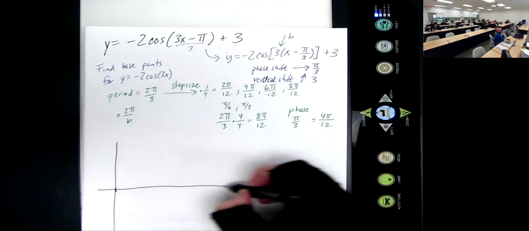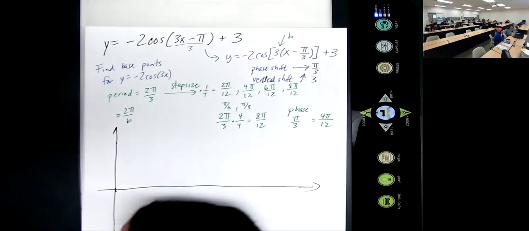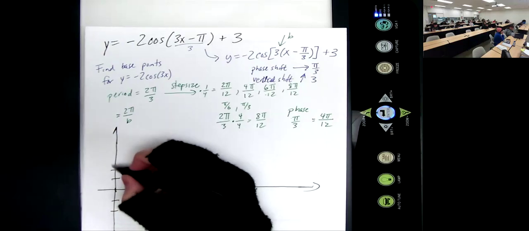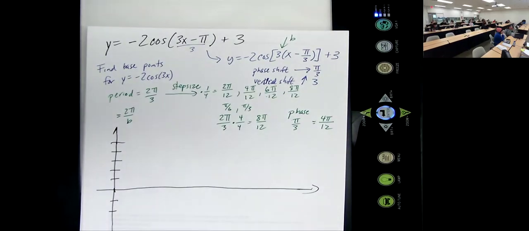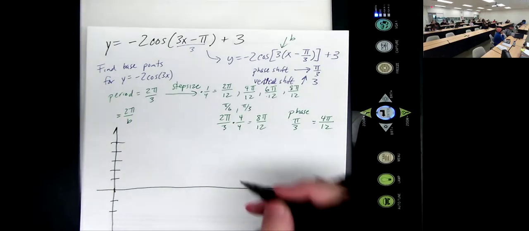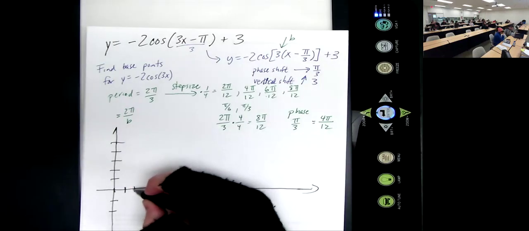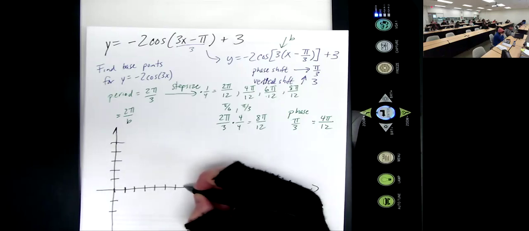Which way is this going? Up 5 total. I'm gonna make 12 little steps here. 1, 2, 3, 4, 5, 6.